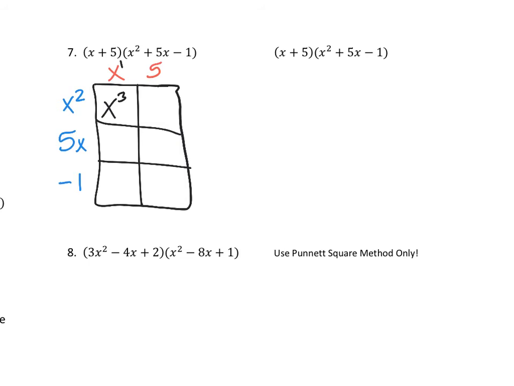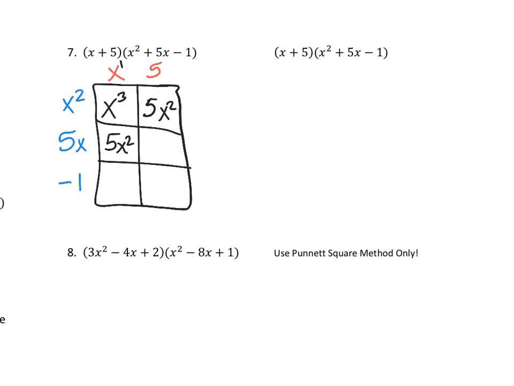Okay, the next box, what am I multiplying to get the next box? 5 times x squared, which is 5x squared. This row is going to be x times 5x. What is x times 5x? 5x squared, because x times x is x squared.